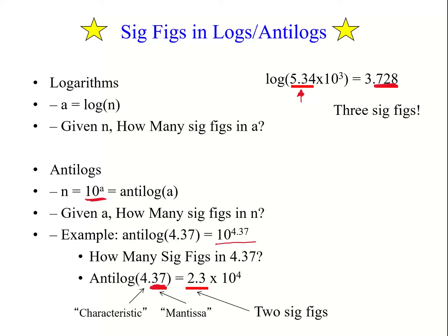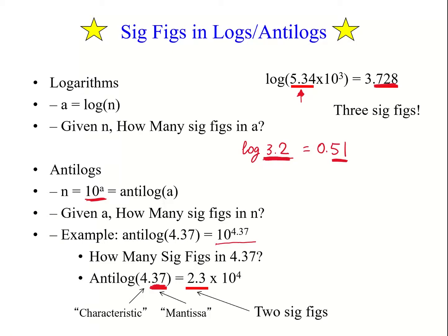So to simplify this, when you calculate a logarithm of something, let's say log of 3.2, look at the number of sig figs in the number under the logarithm. Your answer should have the same number of decimals, 0.51. 2 decimals corresponding to 2 significant figures in the number under the log.